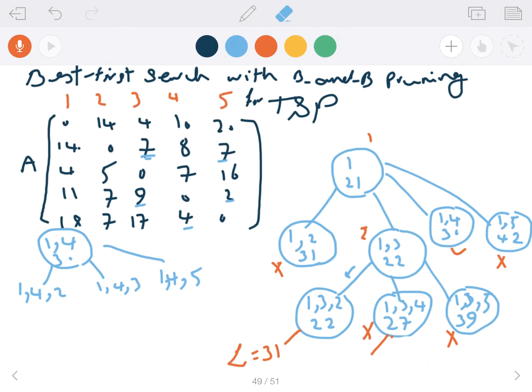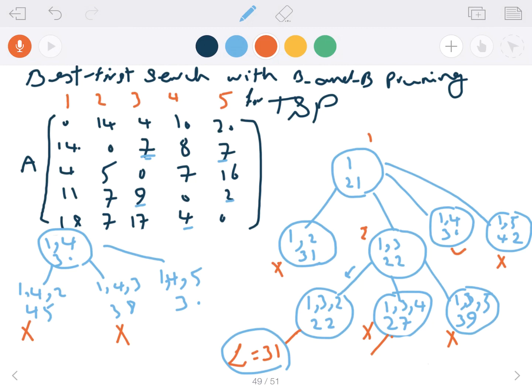If we calculate the bound values for these three nodes, it's going to be 35, 38 and 30. And because 35 and 38 are greater than the solution that we found, 31, we are not expanding them anymore, so they are going to be eliminated from our solution space. There is no reason to continue these two nodes.